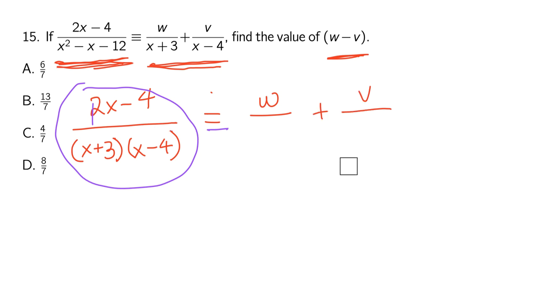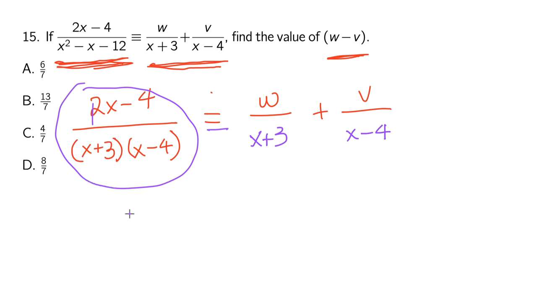Again, we have w over x plus 3 and v over x minus 4. If you want to find w, you find what is going to make this denominator 0. In this case, it's minus 3. And then you substitute that minus 3 into the left-hand side after you've covered up this factor.